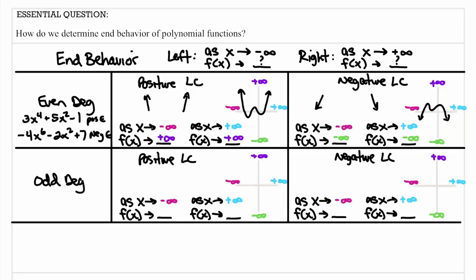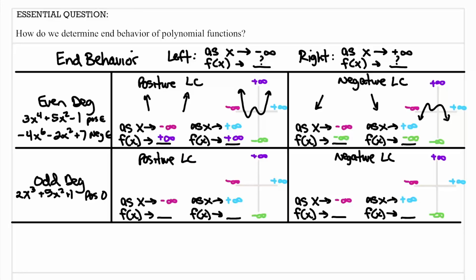So examples of this, if we have a positive odd, that would be, let's say, 2, which is a positive number, x to the third plus 5x squared plus 1. So that would be a positive odd. That's going to be this box.